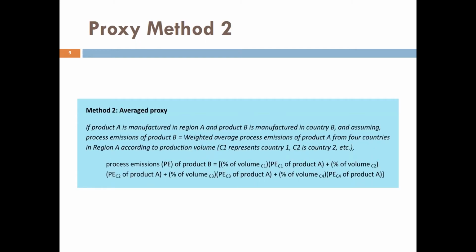And method 2 is average proxy. So if product A is manufactured in region A, product B is manufactured in country B, and assuming process emissions of product B is equal to the weighted average process emission of product A from 4 countries in region A according to production volume, C1 represents country 1, C2 is country 2, etc. Then you do the calculation based on weighted average, so volume of the country's production and the corresponding regional production of A and other regions, their shares and their products.